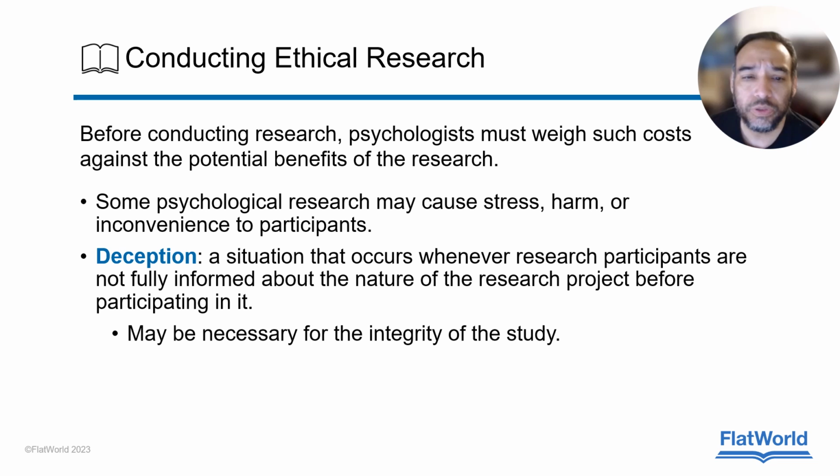All right, conducting ethical research. Let's jump into a big concept of conducting ethical research, and the first concept is deception in research. Deception in research means that the researchers might not tell the participants everything about the study, or they might mislead them about some part of it.